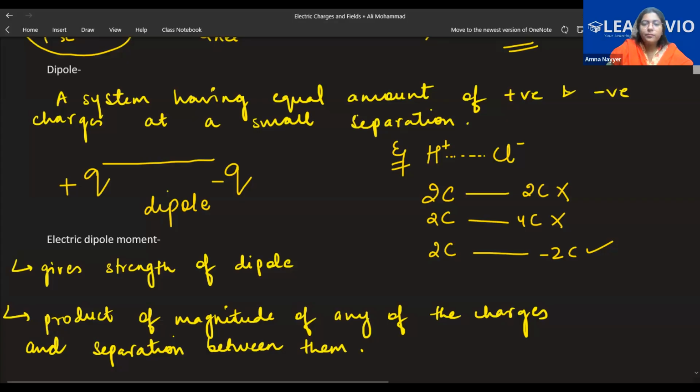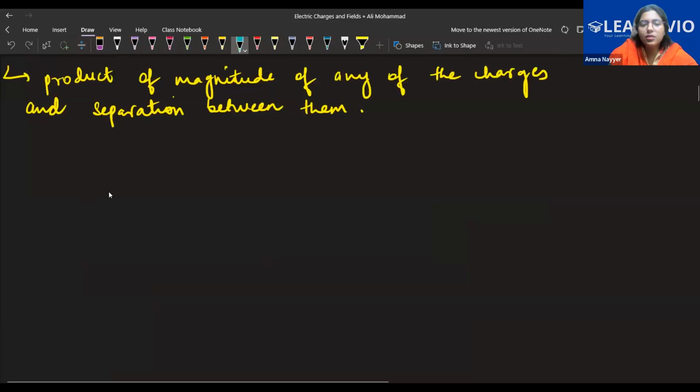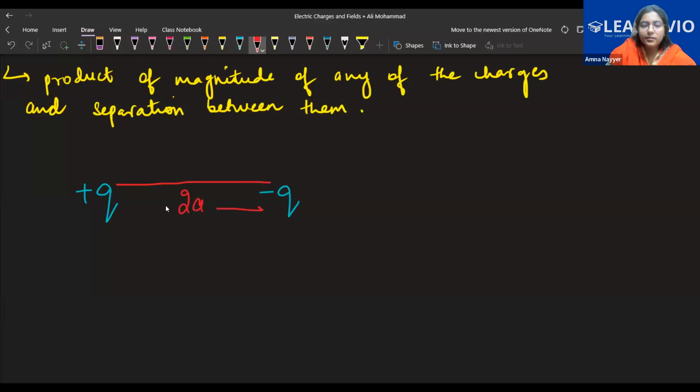Look, the two charges of the dipole: one charge is plus Q, the second charge is minus Q, and both charges are separated by a distance which we say is 2a.